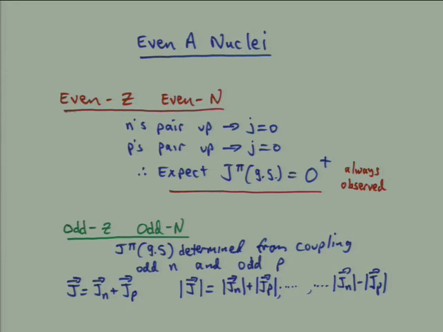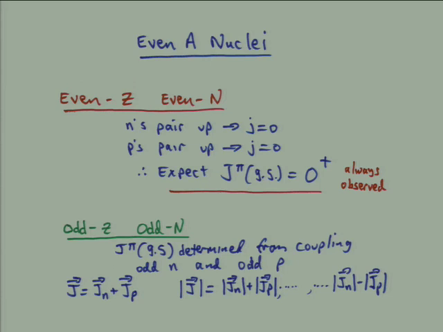If I have two angular momentum vectors, there's a range of possible outcomes, and you can think of that as being due to the range of possible relative orientations of those two vectors with respect to each other. The quantum mechanical weirdness is that in principle you would think those vectors can be arbitrarily oriented with respect to one another, and so you could get basically any answer you like.